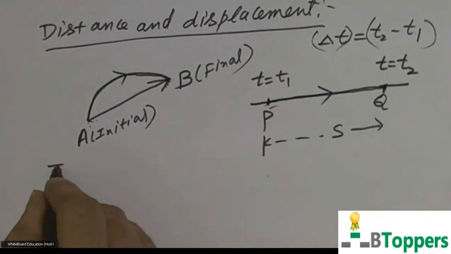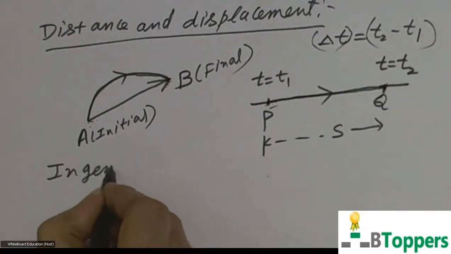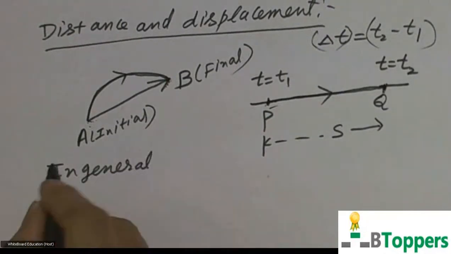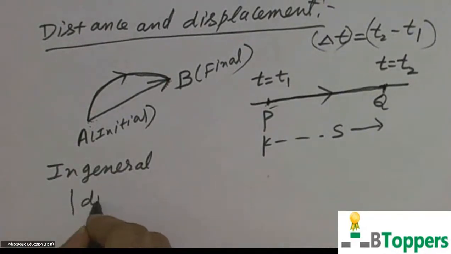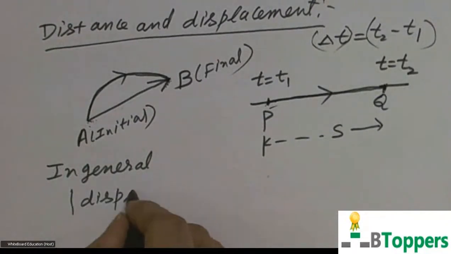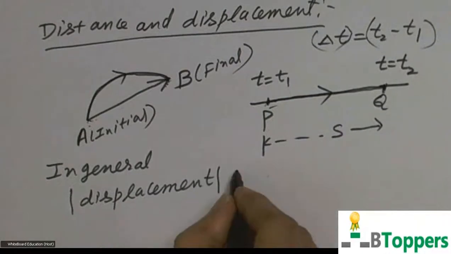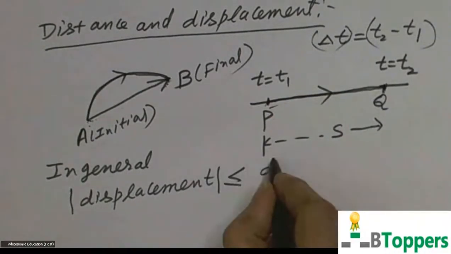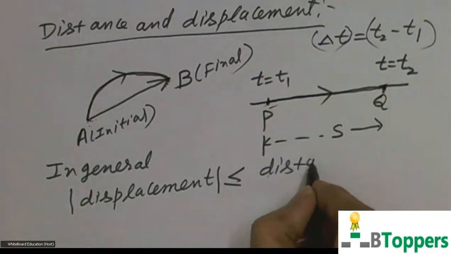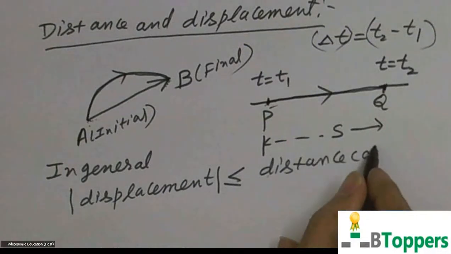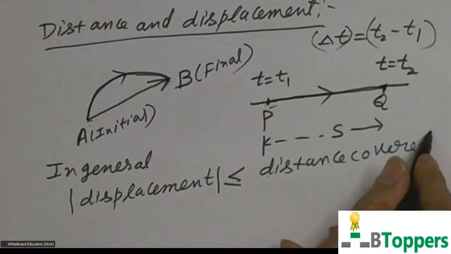So in general, when a particle is in motion for a certain interval of time, the magnitude of displacement of the particle will always be less than or equal to the distance covered by the particle.